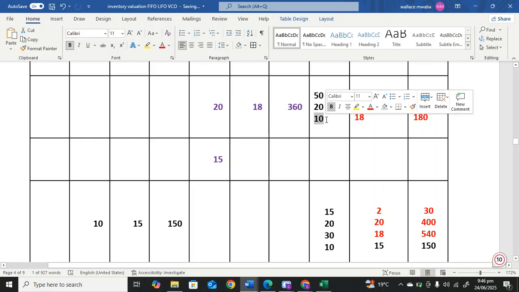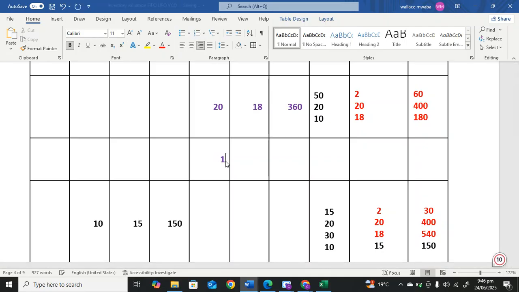Okay, because we've issued 15 units. So first remove the 10 from the latest batch. So you're going to put here 10 valued at 18 kwacha. That is 180.